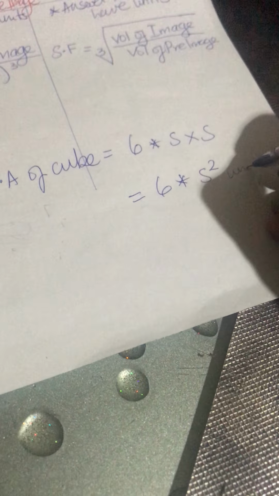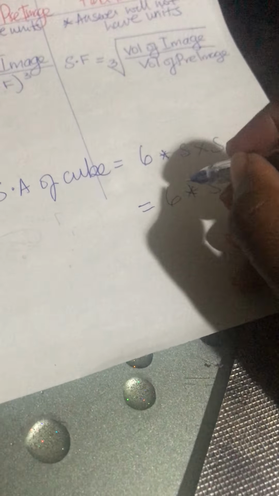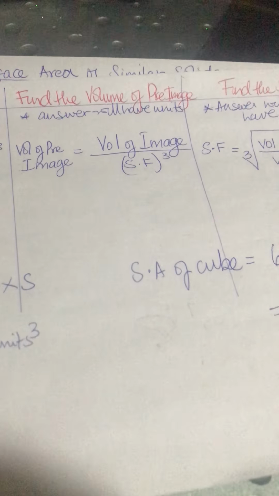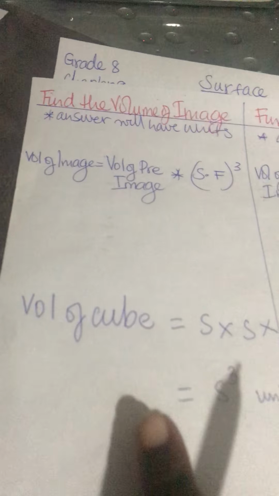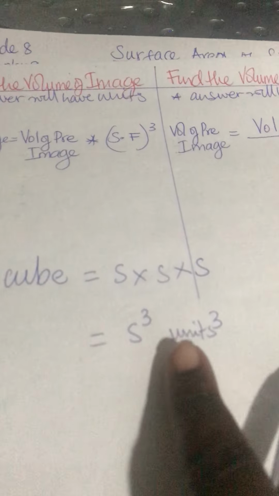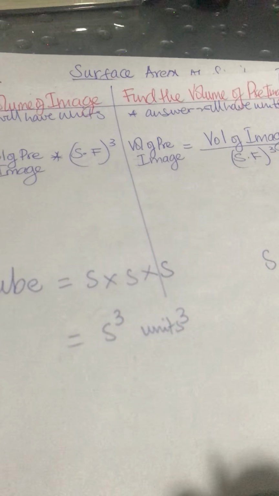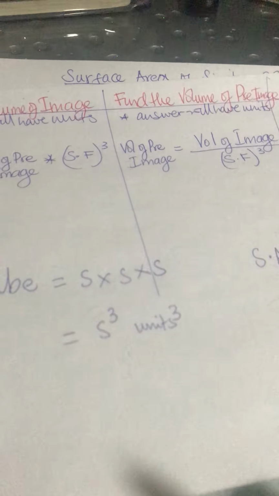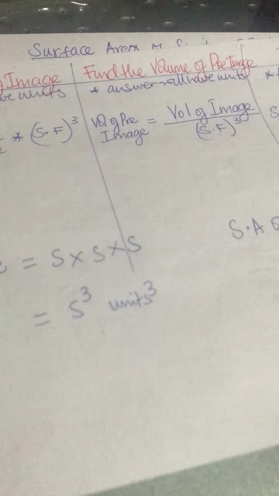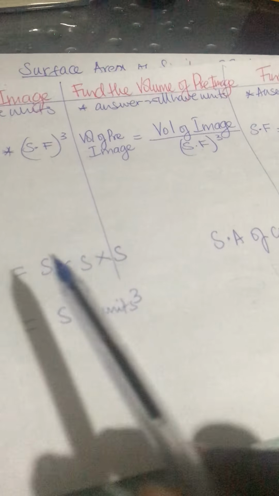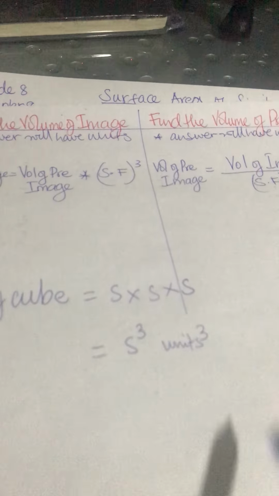And then units squared. So this is the formula for surface area of cube. And this is the formula for volume of cube. Okay? So now you have all your formulas for rectangular prism, for cylinder, for cone. And now we added cube.